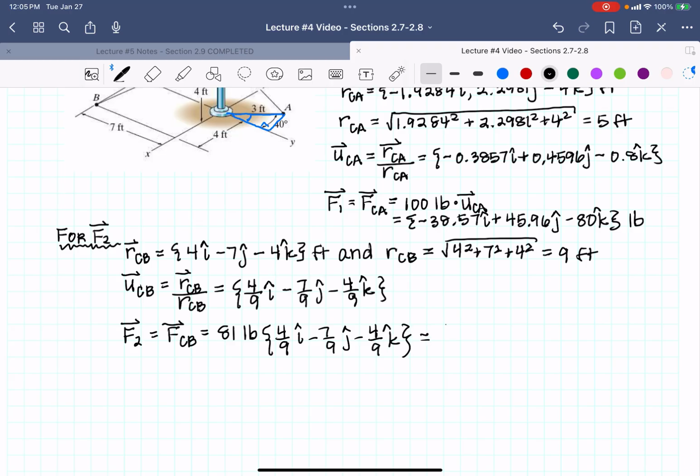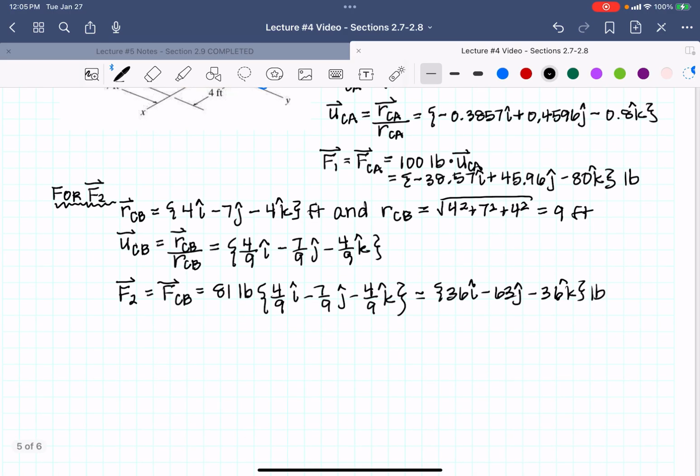And that is going to give me, when I calculate it all out, 36 in the I hat minus 63 in the j hat minus 36 in the k hat, and that is in pounds.